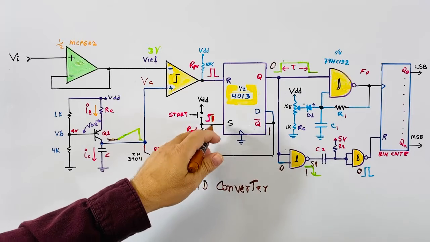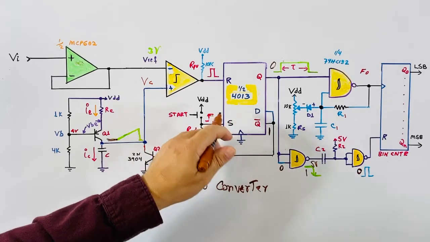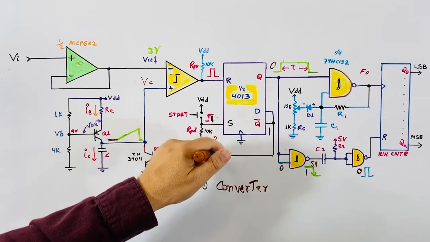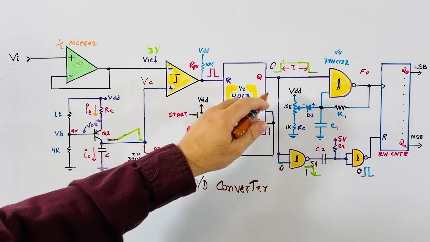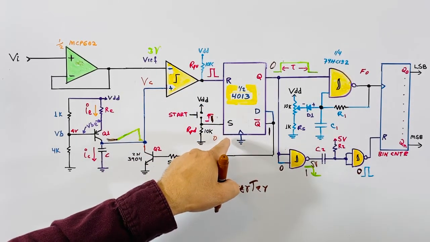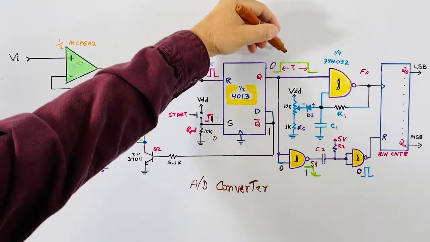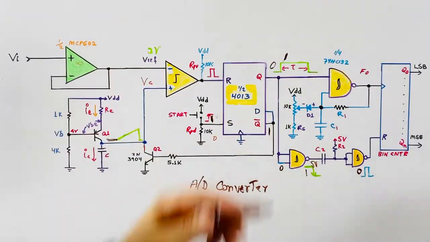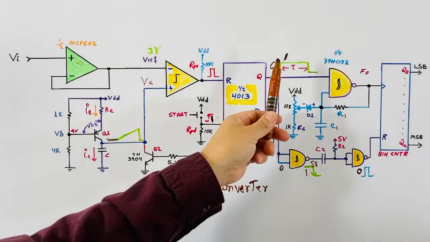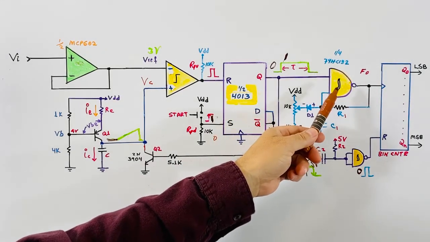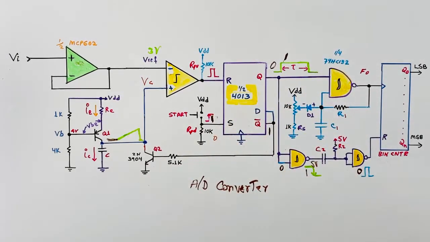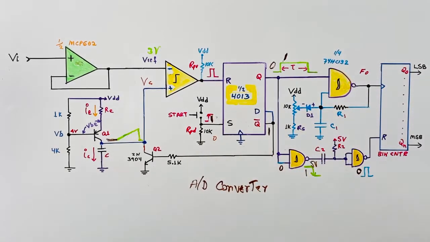With this one, we make a set equal to 1, and an input on the set will generate an output Q equal to 1. And therefore, this enables the gated oscillator and starts sending frequency to the counter.